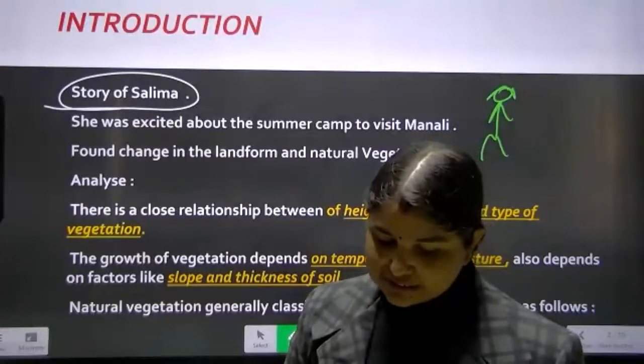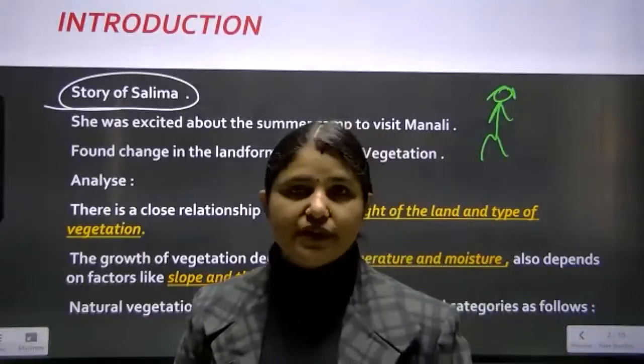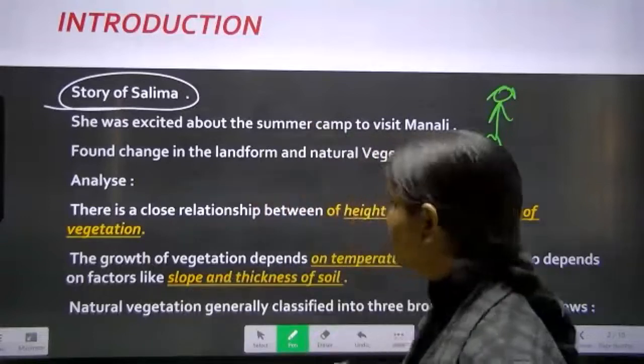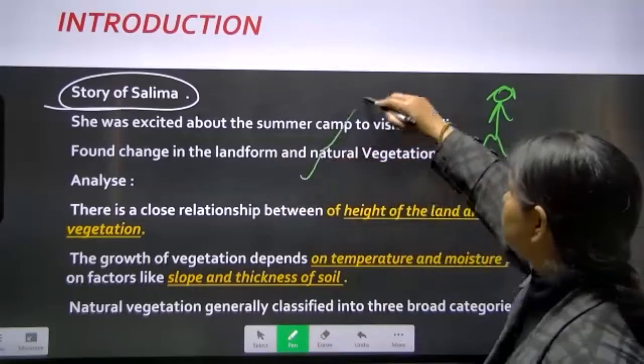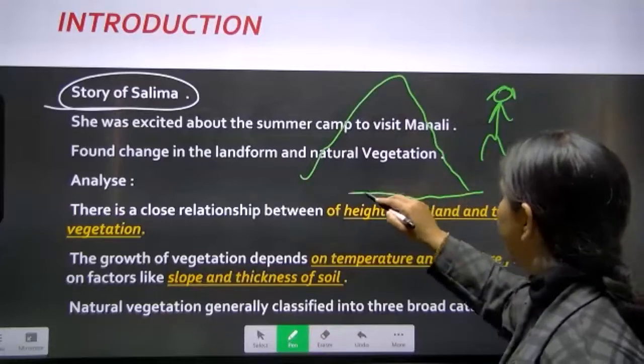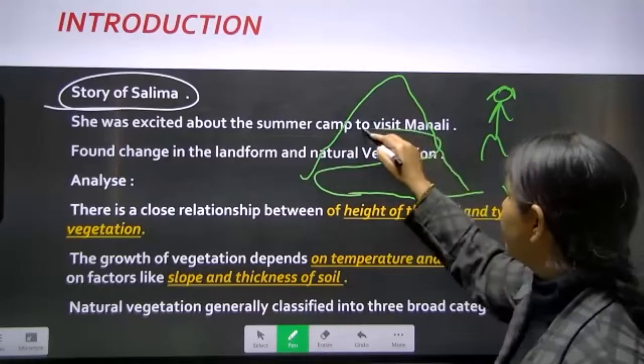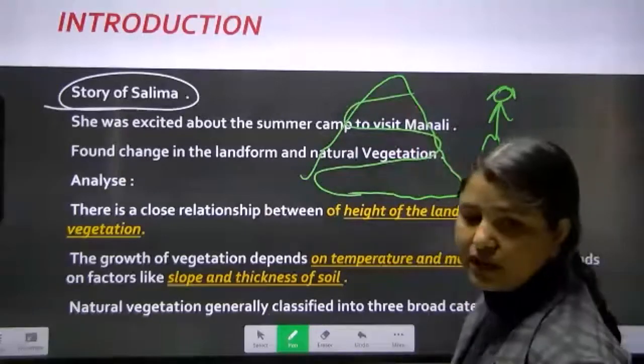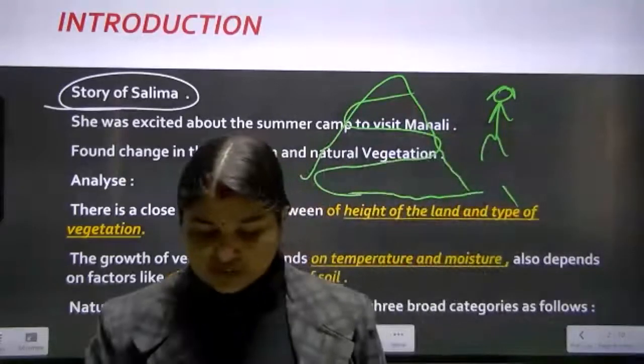And as she went on the trip in the bus, as their bus started moving, like suppose this is the mountain area, the bus started moving from here. As the bus started moving from here like this, she was surprised. Why was she surprised?